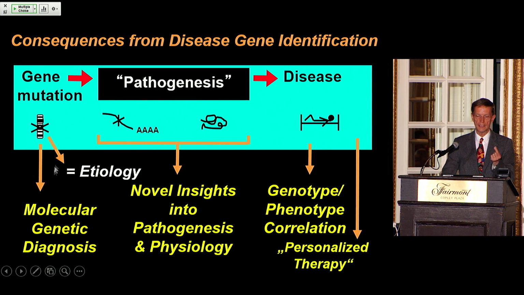And we can already draw genotype-phenotype correlations where, for instance, truncating mutations that abrogate the entire function of, say, podocin lead to early onset FSGS, versus missense mutations that exchange this one amino acid, like in this boy, may lead to later onset of FSGS. And I'll show you more detail on that in a minute. That's called a genotype-phenotype correlation. And it's already begun that knowing these, we can actually engage in personalized therapy for some of these patients.